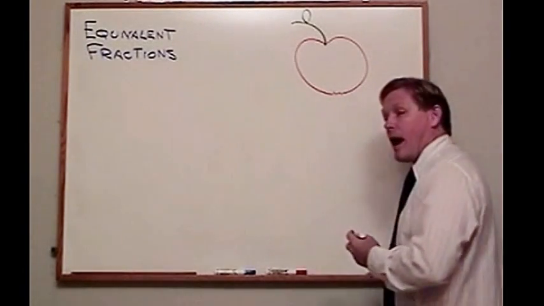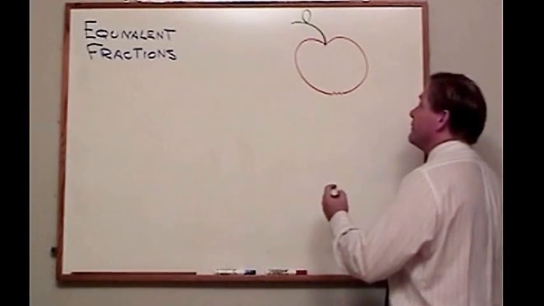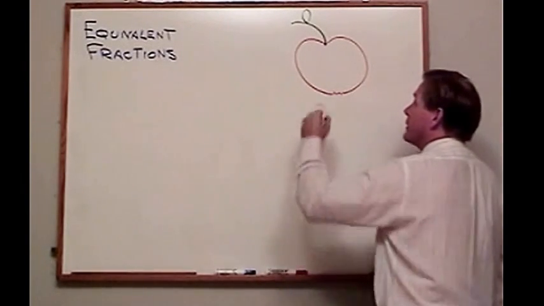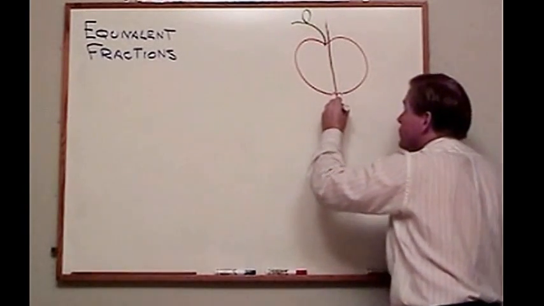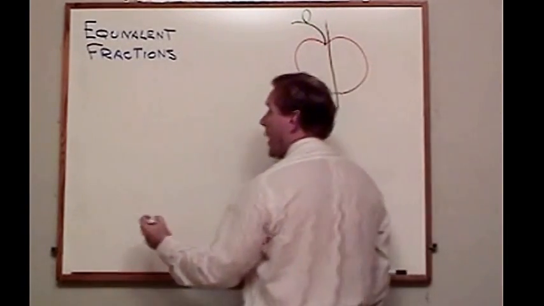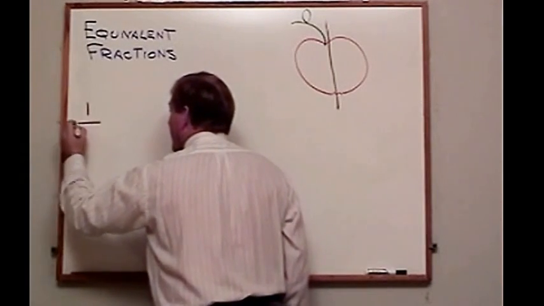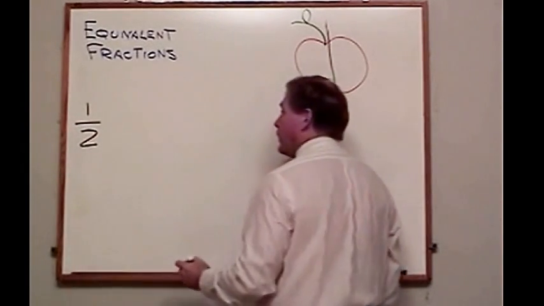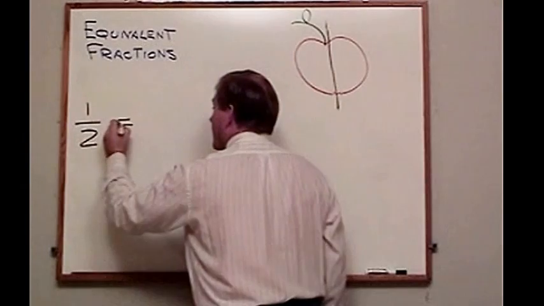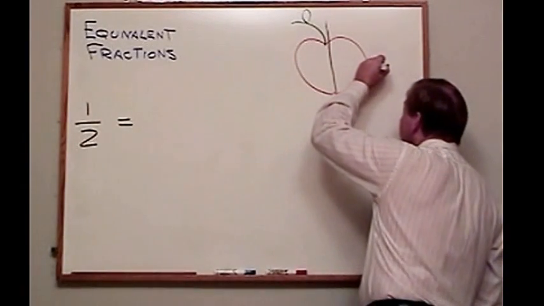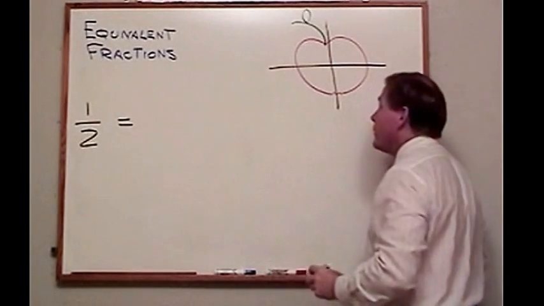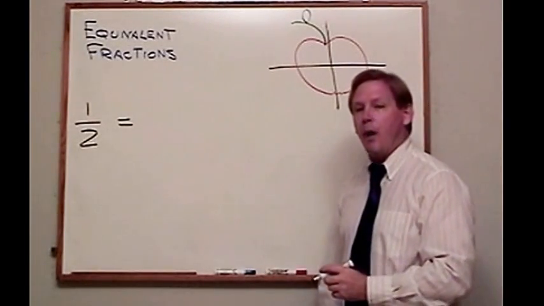We're going to go back to our apple here that we first divided when we were explaining fractions. We divided it straight down the middle equally into 2 halves. So we have 1/2 of an apple. Okay. Now we're going to divide it again. Now we're going to divide it as if we had divided it perfectly into 4 parts.